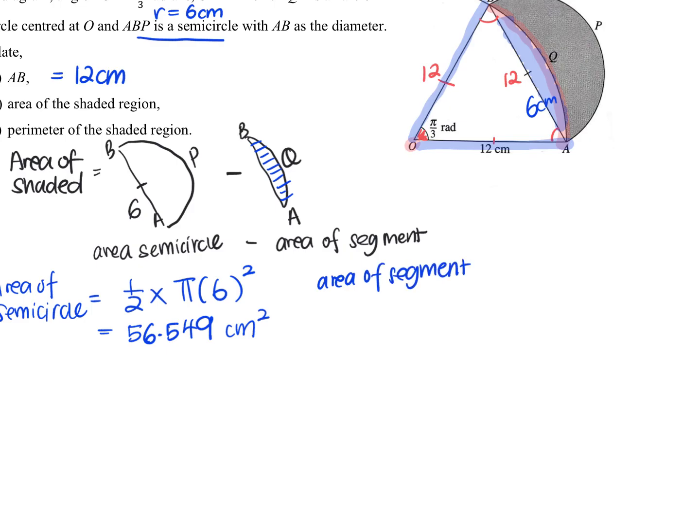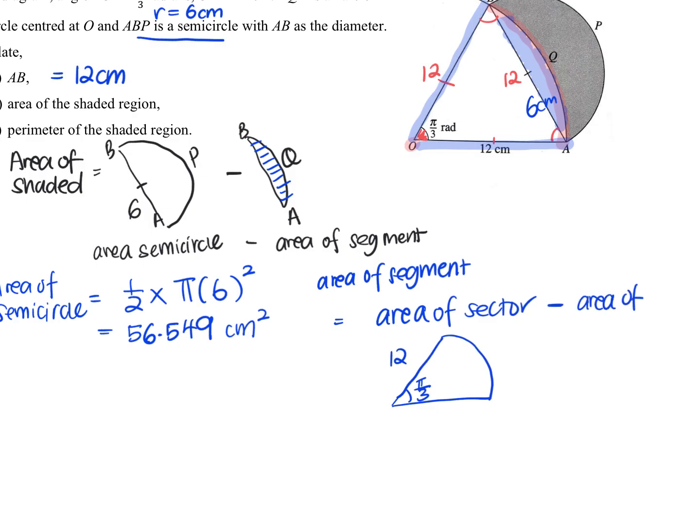This is actually made up of the area of the sector, the pizza over here, or rather I call it the ice cream, the ice cream without the ice cream cone. Right, this portion over here, the angle is pi over 3, the radius is 12. Subtract away the area of the triangle, the one in white color.